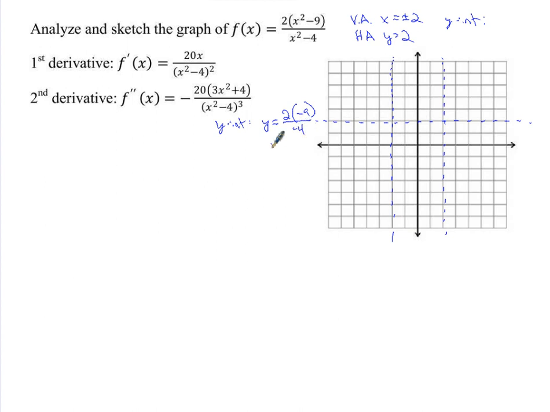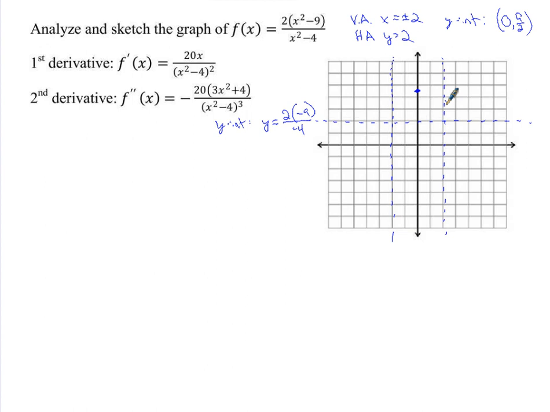So that would simplify down to negative 18 divided by negative 4, which reduces down to 0, comma, positive 9/2. So I can mark that on my graph now, 0, 9/2, that's 4.5. So 1, 2, 3, 4.5. Right there is my y-intercept.